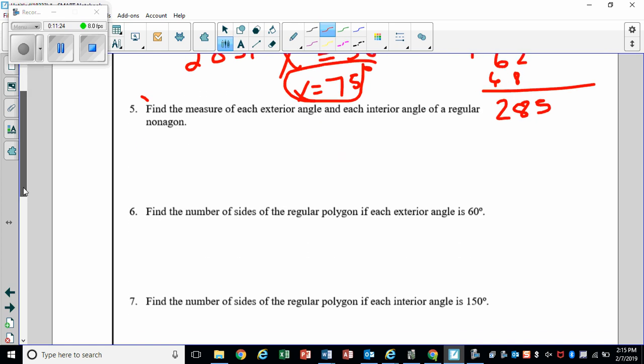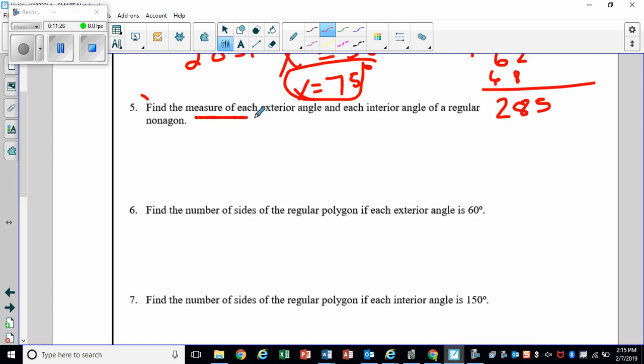All right, number 5. Find the measure of each exterior angle and each interior angle of a regular nonagon. Remember, regular means all sides and all angles are congruent. And nonagon, how many sides does it have? 9. Good job. So each exterior: the sum of the exterior angles is 360, so you divide that by 9.